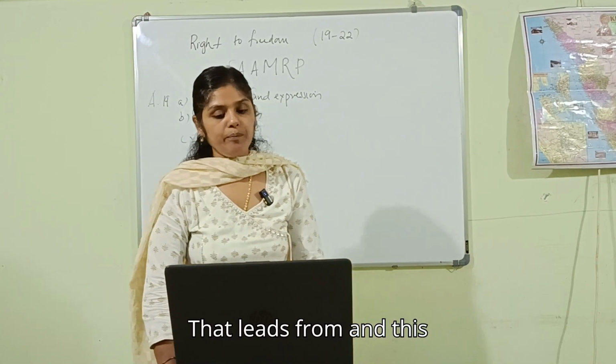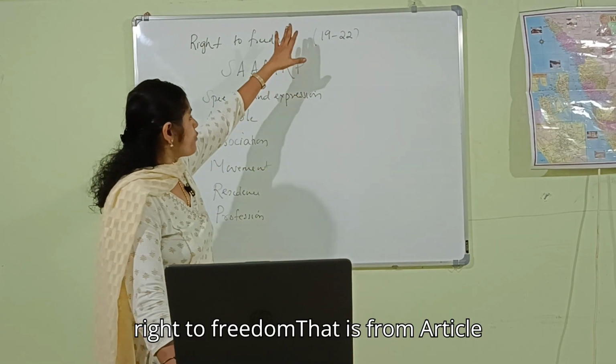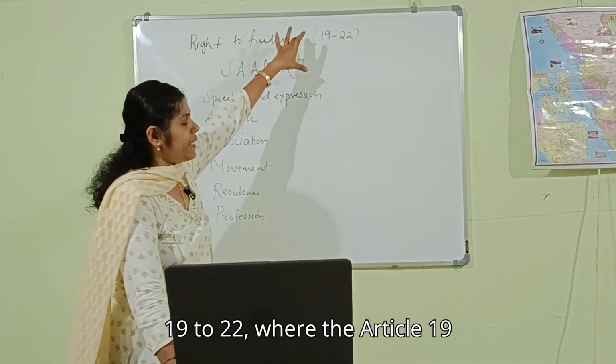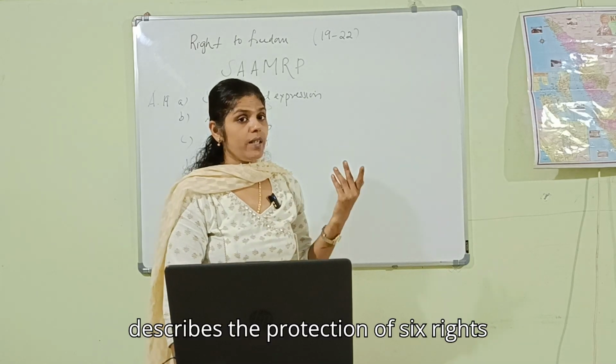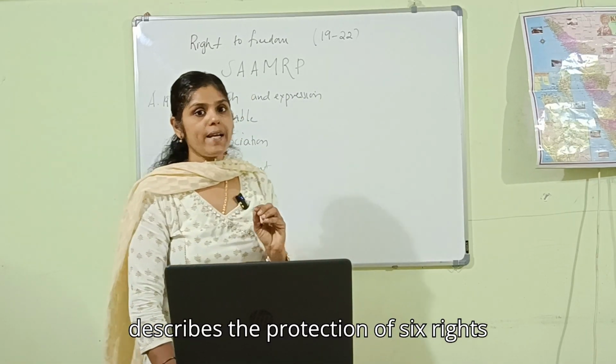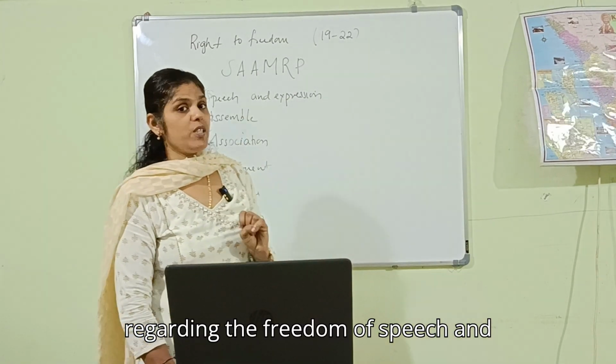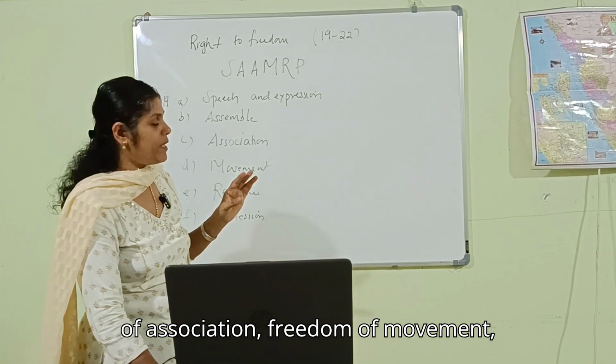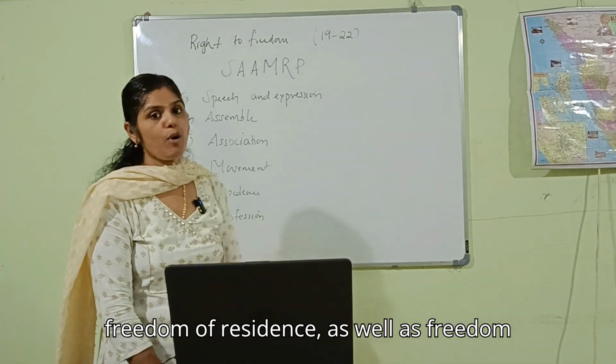This right to freedom is from Article 19 to 22, where Article 19 describes the protection of 6 rights regarding the freedom of speech and expression, assembly, association, movement, residence, as well as profession.